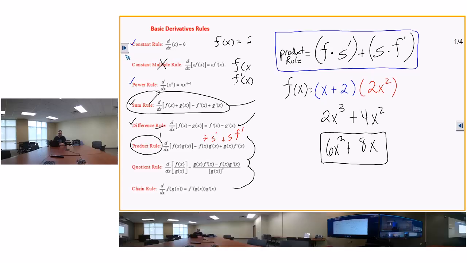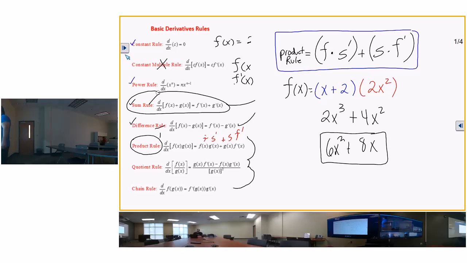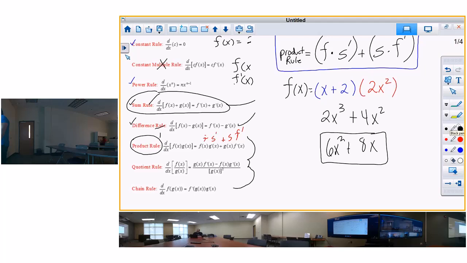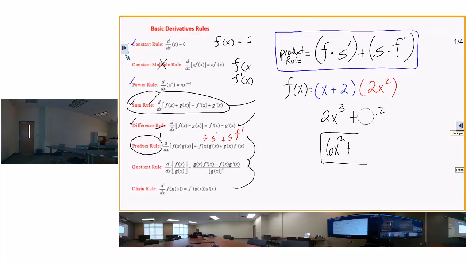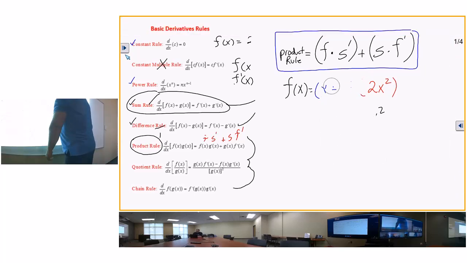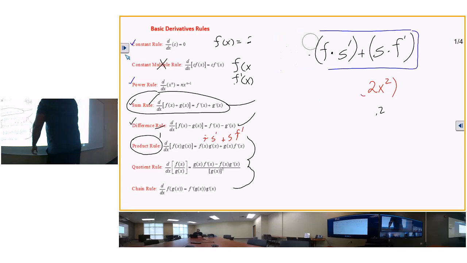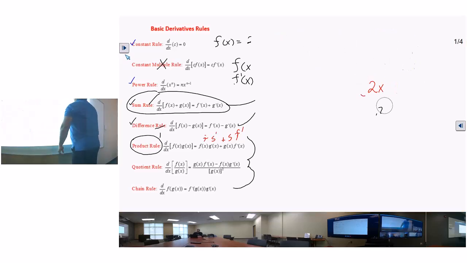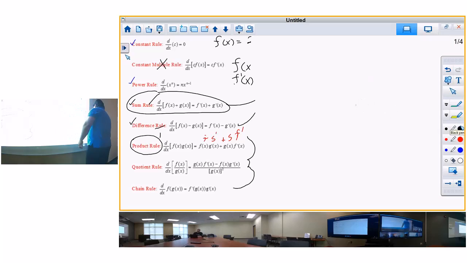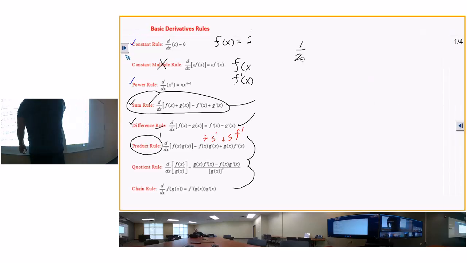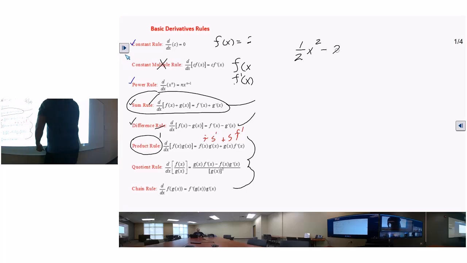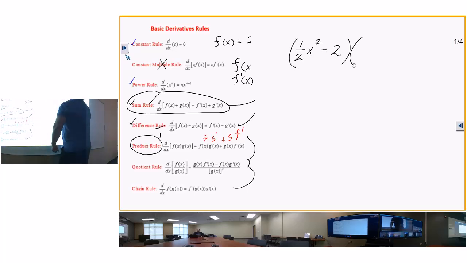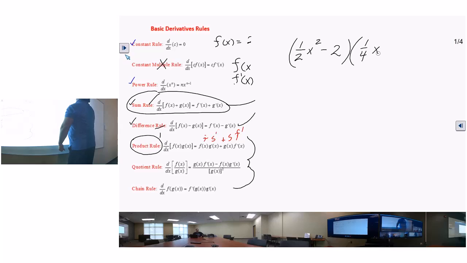Okay, let's try another one. I hope the silence means that you understand everything, because I have no idea who knows what, and y'all are not talking to me, so I'm just assuming everybody understands. 1/2 x squared minus 2 times 1/4 x to the third plus 1.